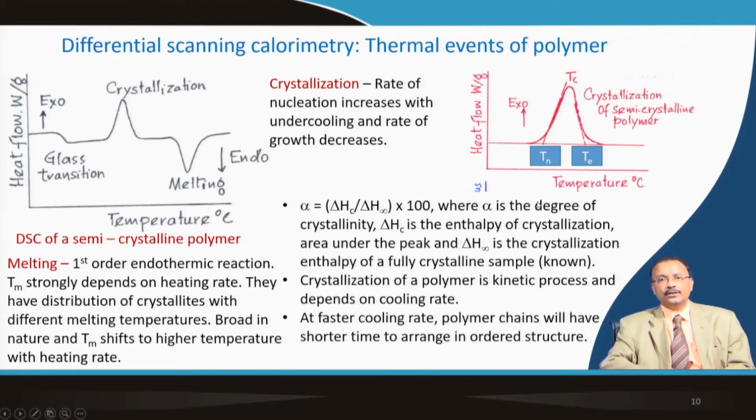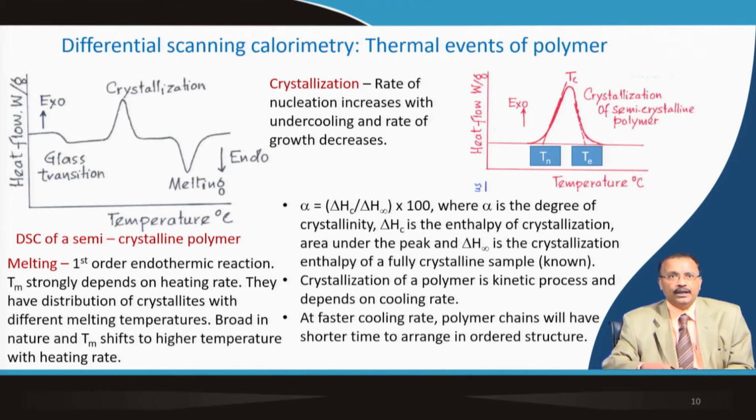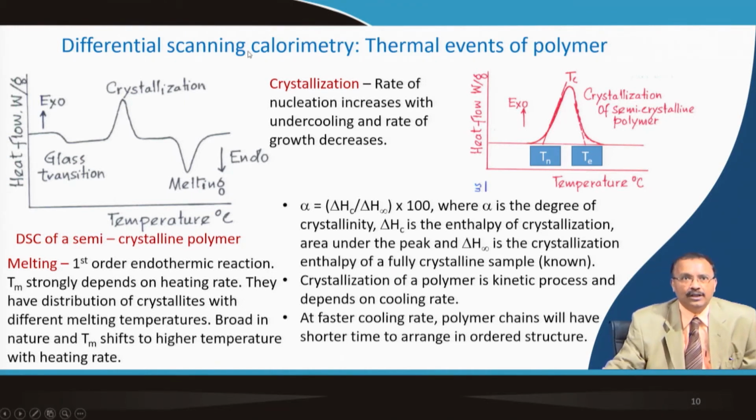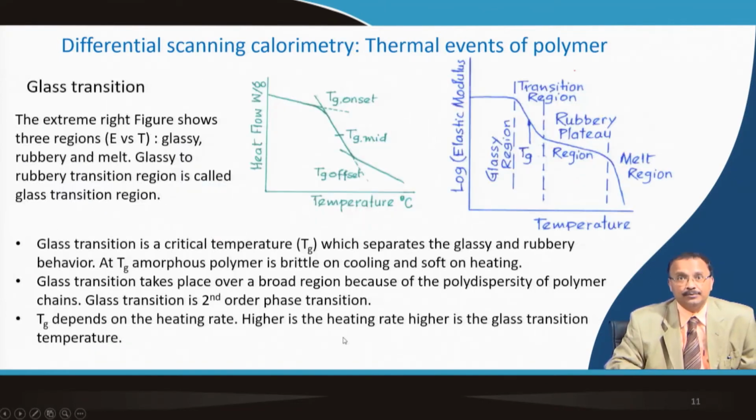So, both melting and crystallization of a semicrystalline polymer can be identified by DSC measurement. Apart from that, you have a small deviation, which is the indication of a glass transition temperature.